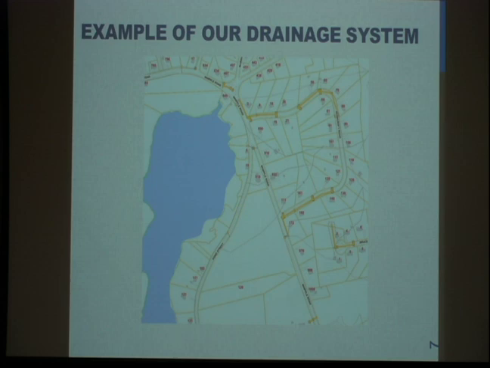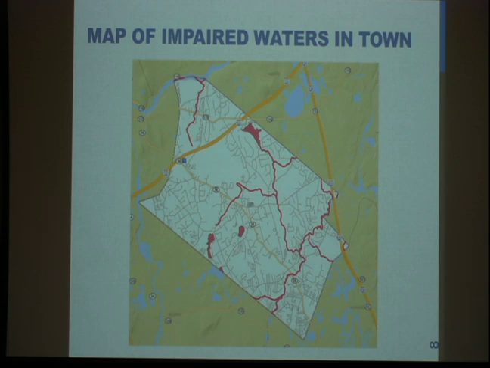The reason why we have it mapped out is that it's required by our NPDES EPA permit. But what they have is they deemed waterways in town as impaired. That doesn't mean you can't go in them, or that they're polluted and will die.